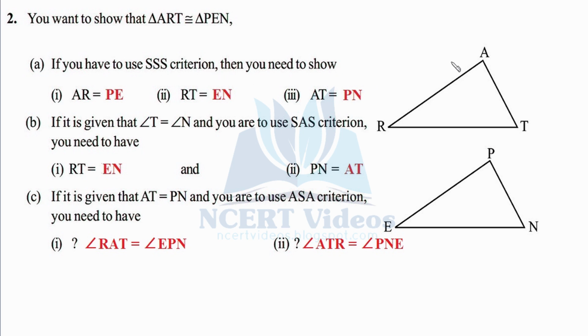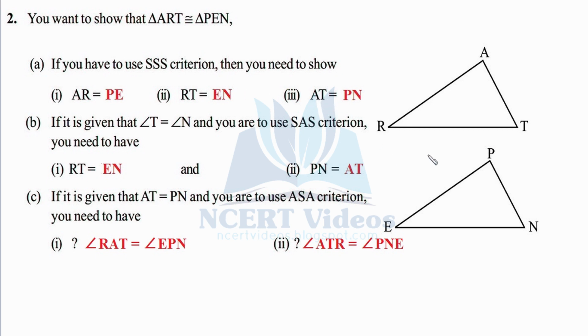And what does it mean? It means that we have to show that all the three sides are equal in both triangles. First one is side AR, it corresponds to PE. Therefore we wrote PE. And RT corresponds to EN. You cannot also write it as NE. That will be wrong because correspondence plays a vital role in congruence of triangles.